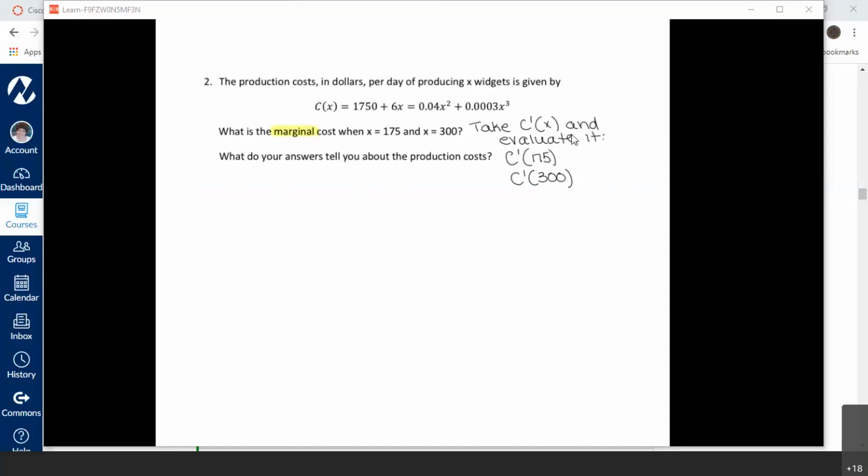Does everybody see how I got my words out of this? The word marginal means take a derivative, and then they're saying, well, what is it when x is 175 and what is it when it's 300? Remember, if you think of the graph of this cubic, it's kind of like hills and valleys.